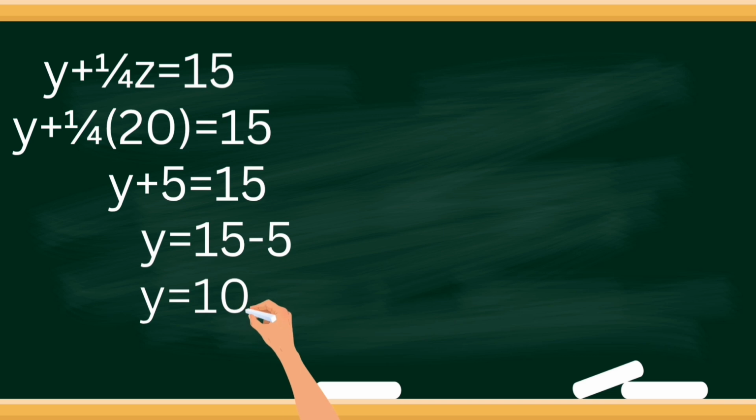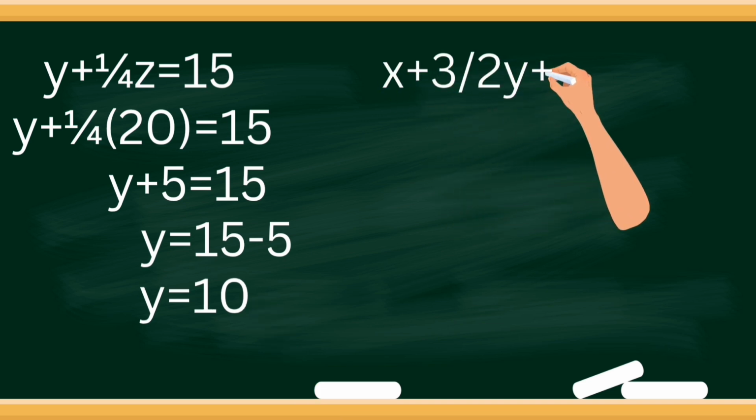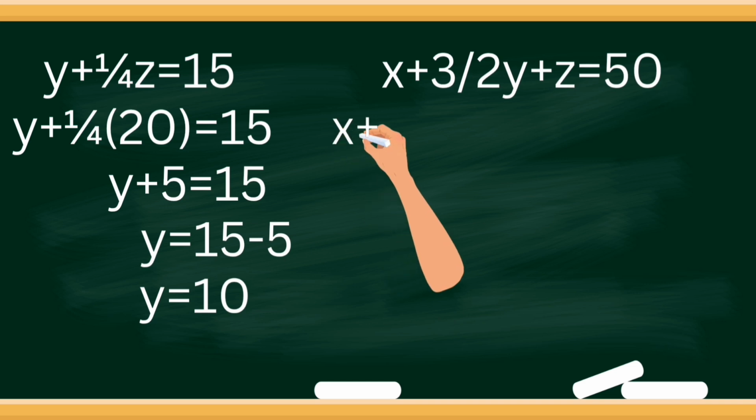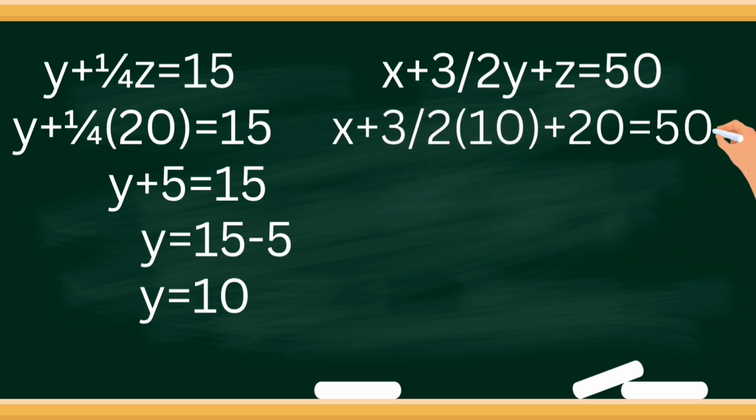Now that we have the value of our y and z, let's find the value of our x. In order to find the value of our x, let's just substitute the value of y and z.